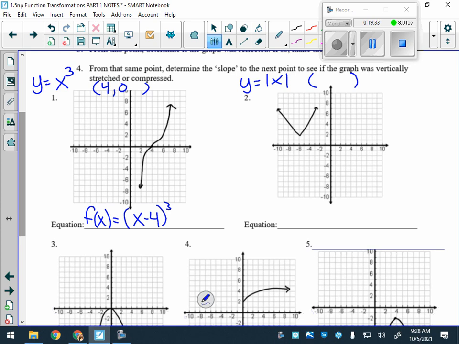Jason? Vertex. And what is our vertex? James? Good, negative 6, 2. This is not reflected at all. The slope is still 1 over 1. What's my equation? Mia?